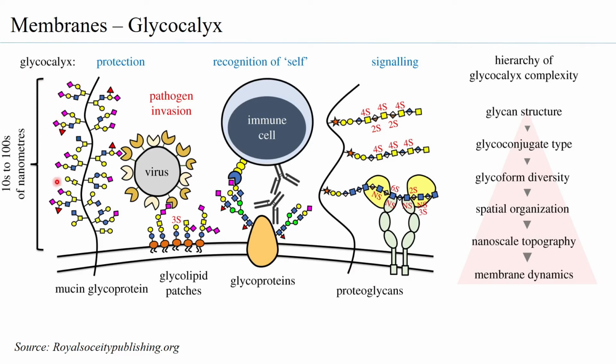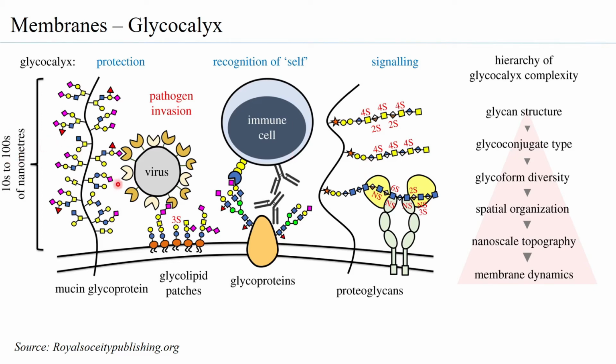So, all these sugars that are present on the surface could be because of a glycoprotein, could be because of glycolipids, could be because of proteoglycans, but all of them have sugars on their surface, and these sugars contribute to membrane dynamics. So one of the things that this glycocalyx does is it forms a protective layer over and above the plasma membrane, and this is what is called a glycocalyx.